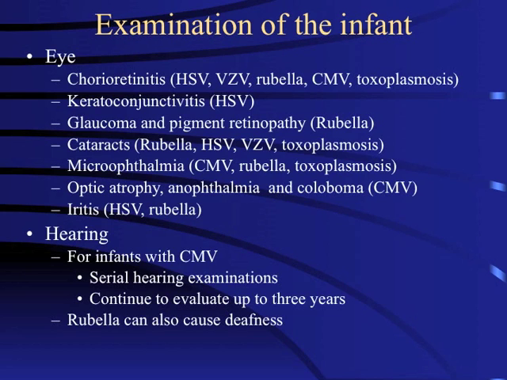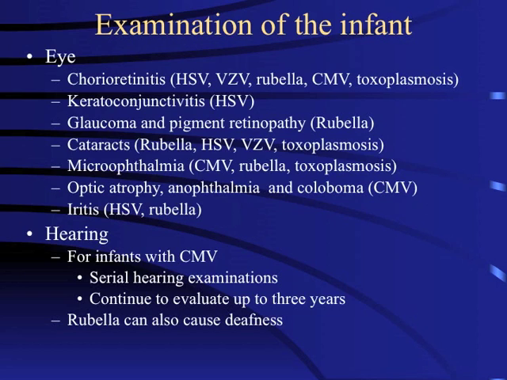So again, these are some of the eye findings that you can see in the infant. There can be chorioretinitis or keratoconjunctivitis with herpes; glaucoma, pigment retinopathy and cataracts can be seen with rubella, and herpes simplex, varicella and toxoplasmosis can also cause cataracts. Some of the other agents can give you microphthalmia and iritis.